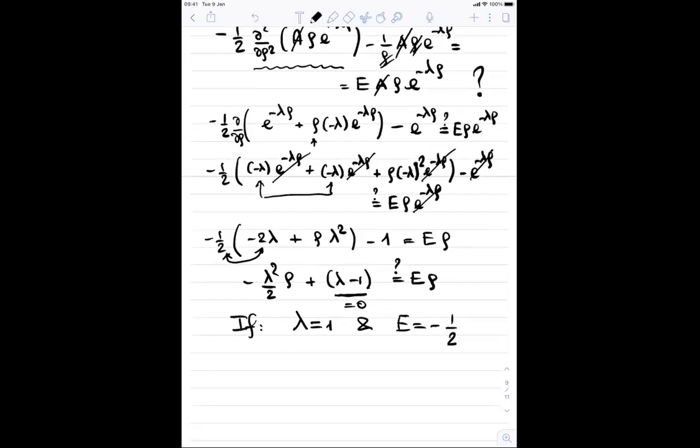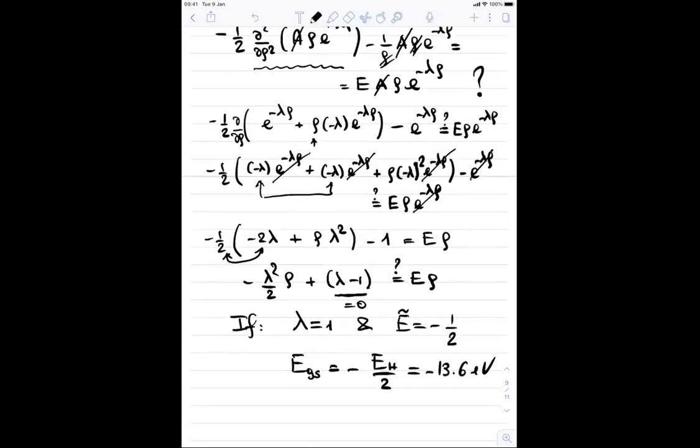This solution is, in fact, the ground state of the hydrogen atom, because it's minus the Rydberg divided by 2. Remember that this is E tilde, really, the dimensionless energy. And this is minus 13.6 eV.